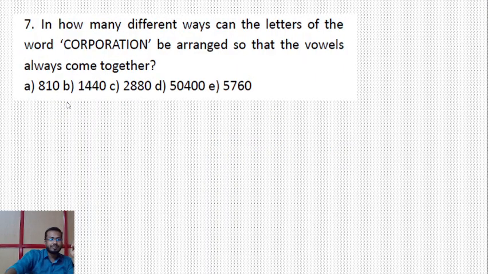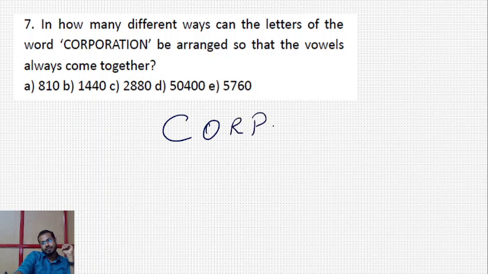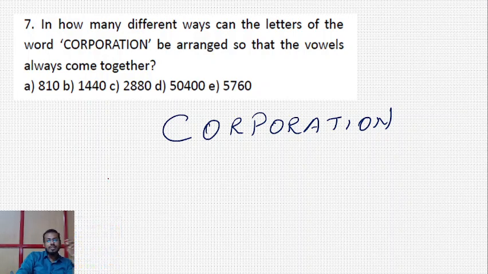Next question. In how many different ways can the letters of the word corporation be arranged so that the vowels always come together? Okay, so the vowels always come together. What are the vowels here?